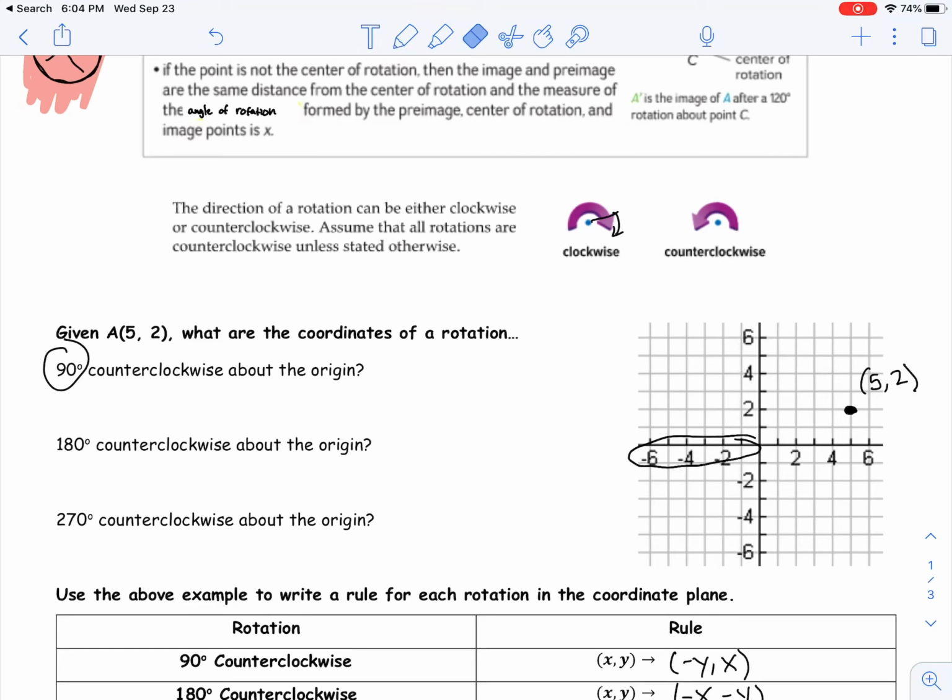Okay, so turn your Chromebook now, pretending that this one is your x and this one is your y. If you do that and then count out 5, 2, 1, 2, 3, 4, 5, 1, 2, the point's right there. Now you got to turn your Chromebook or whatever you're using back over. Maybe you just tilted your head. But that point right there, what is that actual point? That point is actually (-2, 5).